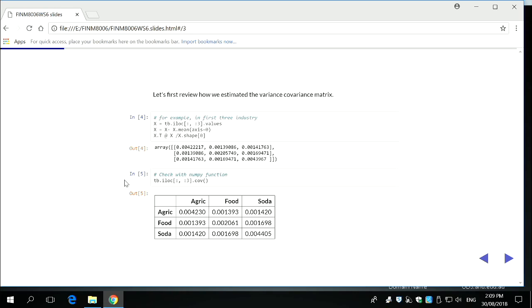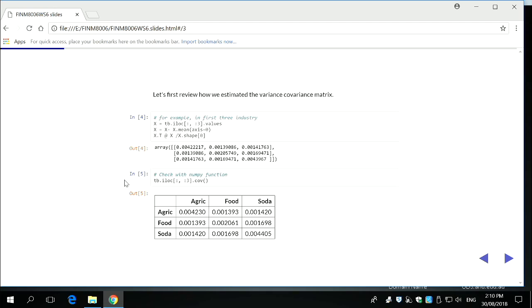So the variance covariance in population can exist at any time, right? For example, I can ask you, what is the variance covariance of industry, agriculture, food, and soda in this month? This is something that conceptually exists, but you don't know how to estimate it, because with just this month's returns we can't really estimate.